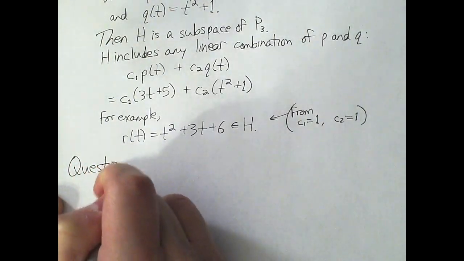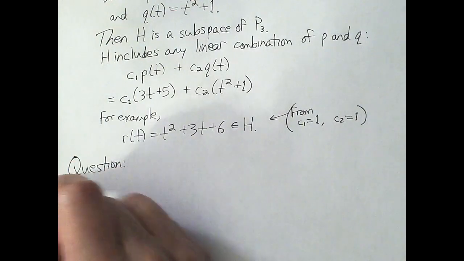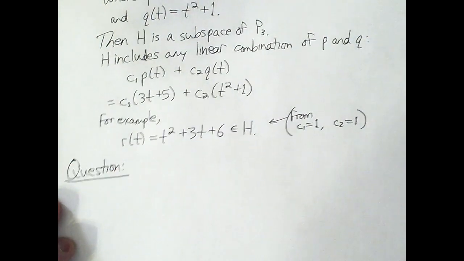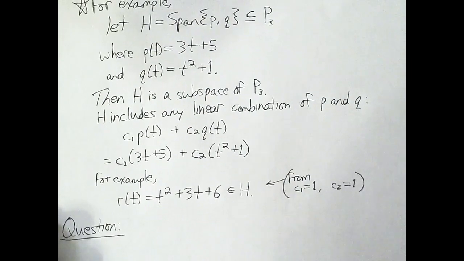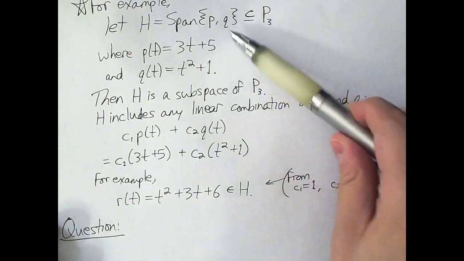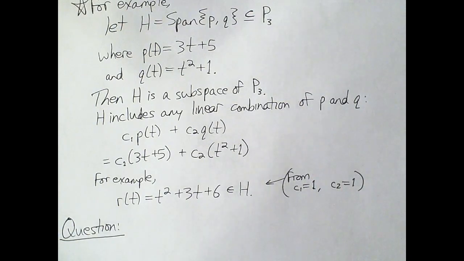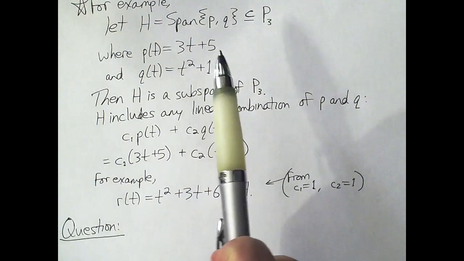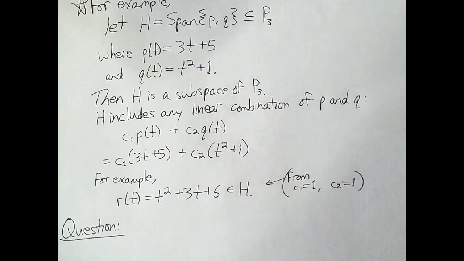Here's a question. I'm looking at that subspace that we wrote above. Wait, let me move the page up just a moment. I'm looking at span of P comma Q. And when I see span of P comma Q, I'm thinking to myself, do you think P and Q form a basis for this subspace? Well, what are the requirements to be a basis?